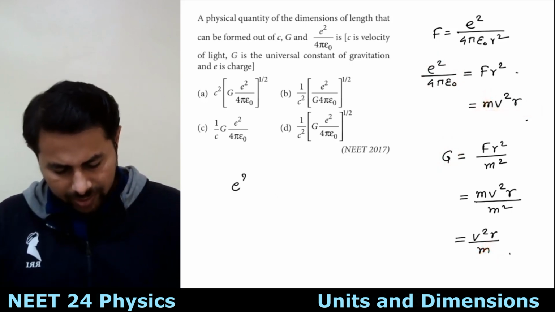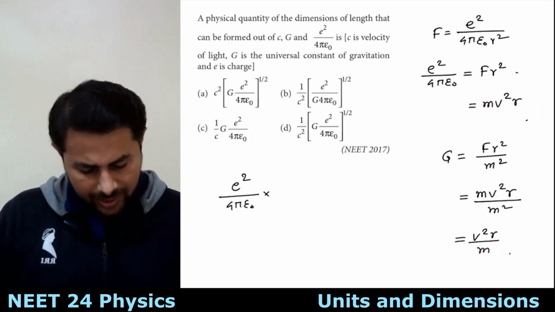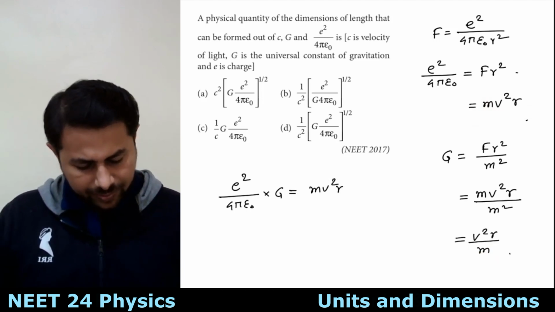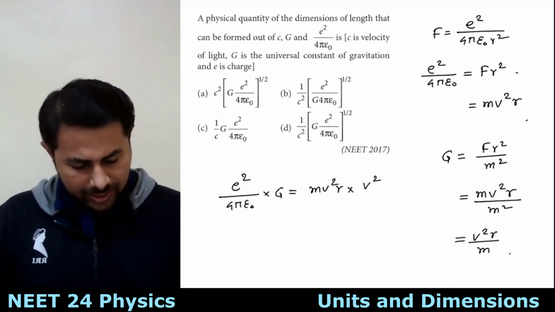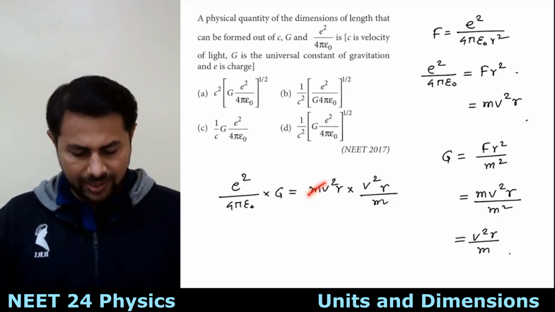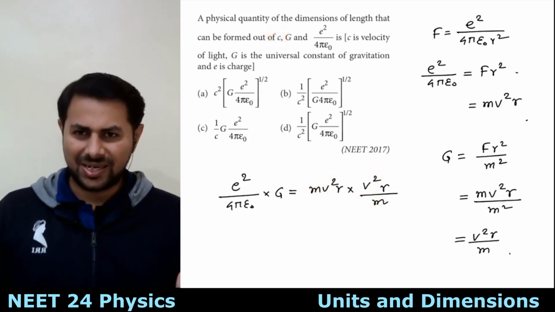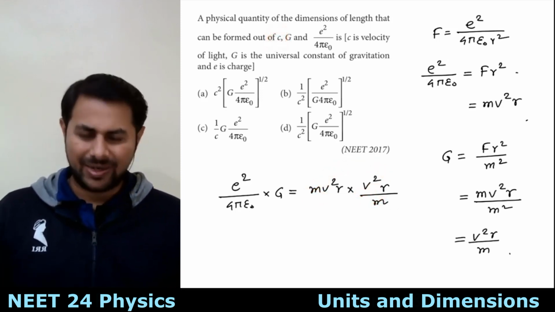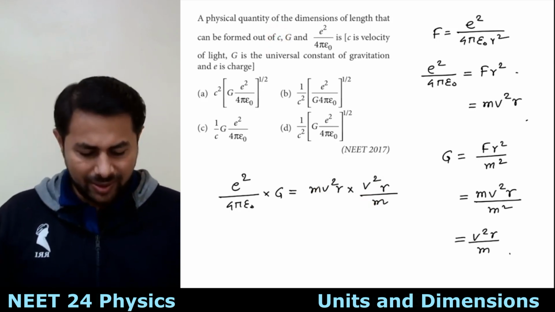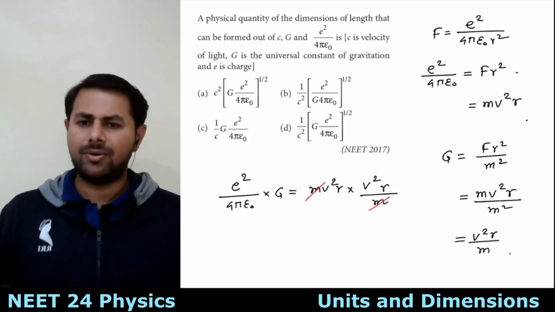So I will multiply e square by 4 pi epsilon naught by g. What happens is you have m v square r multiplied by v square r divided by m. First I am cancelling m. I am not caring about the velocity because I have the velocity c, and I can divide by any power of velocity anytime. I can get rid of that. That's why first I am getting rid of m.